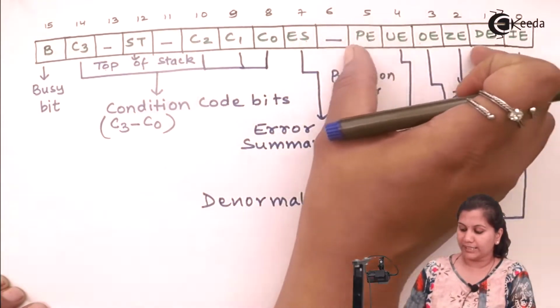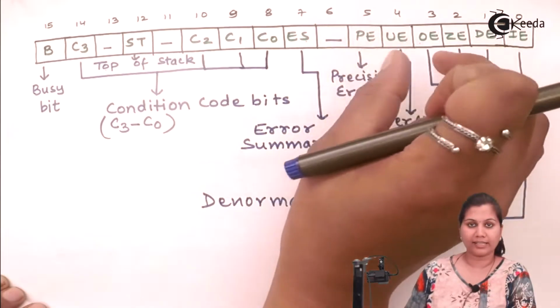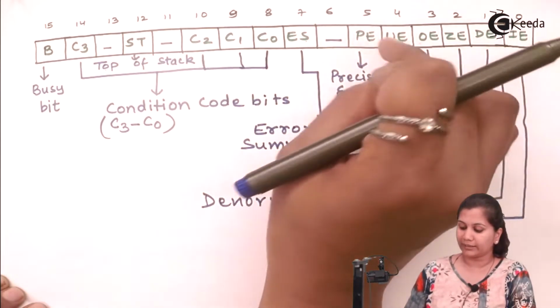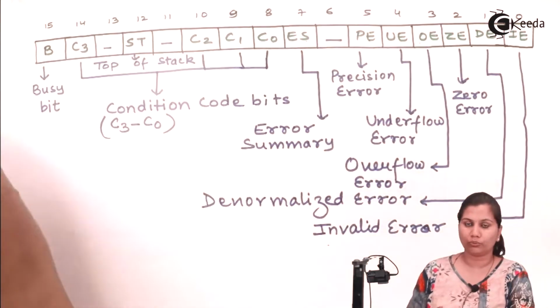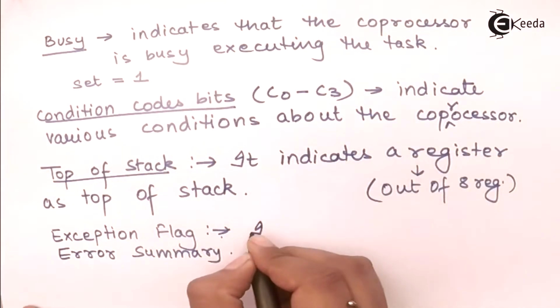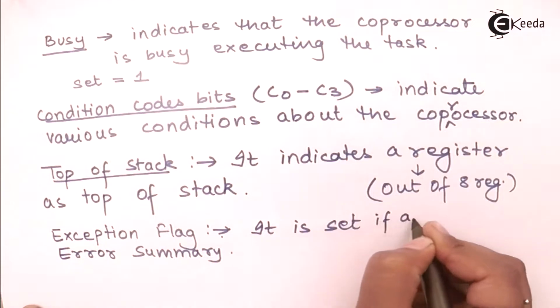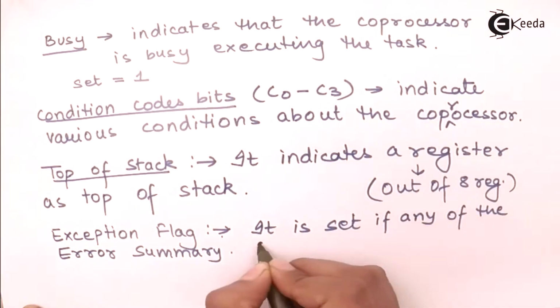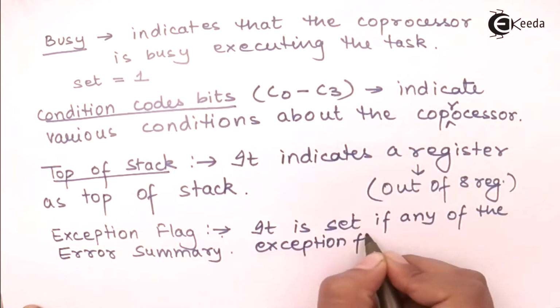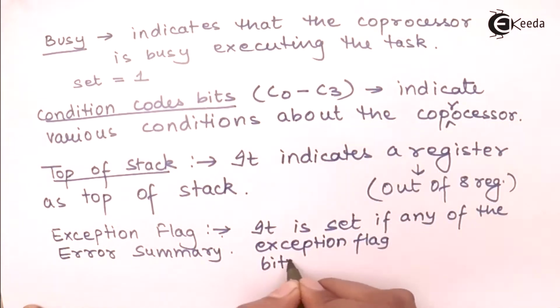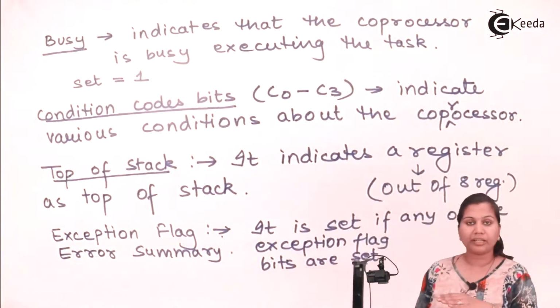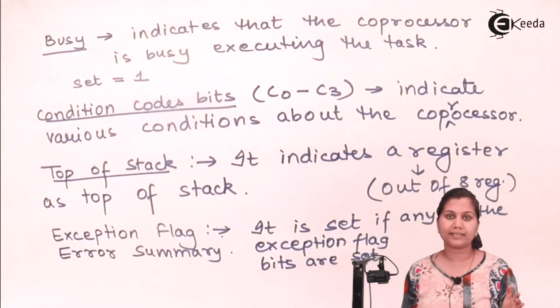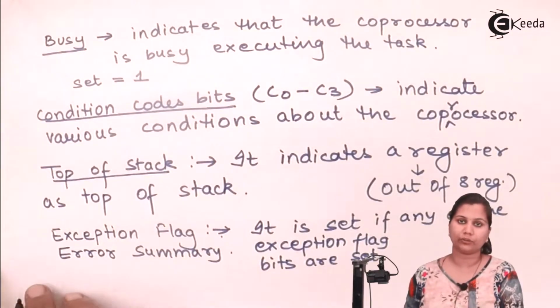So out of these errors, if any of the errors is set, then this bit is also set to 1.